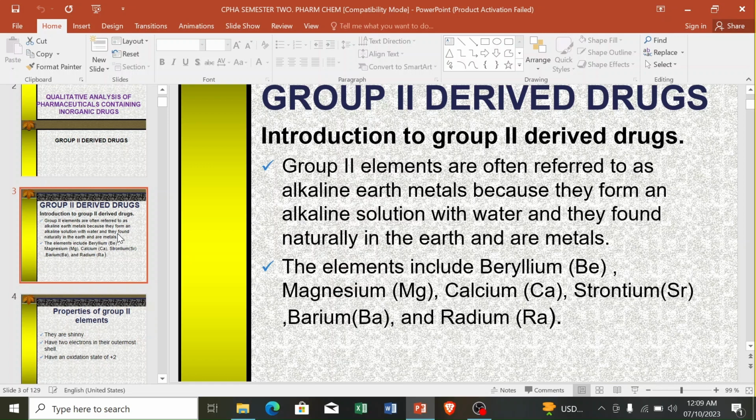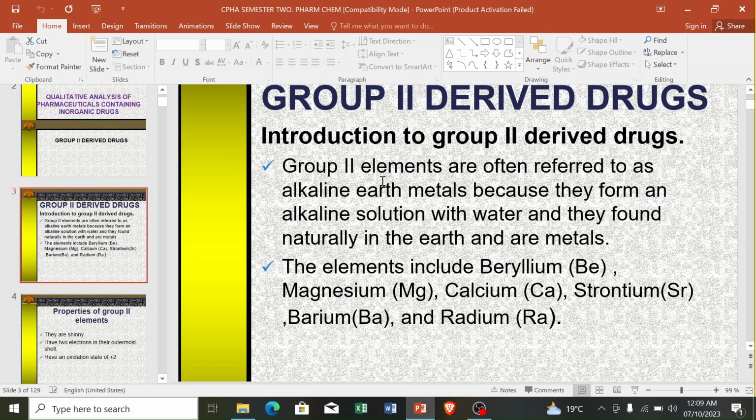Group 2 elements are often referred to as alkaline earth metals because they form alkaline solutions with water, they are formed naturally in the earth, and they are metals.